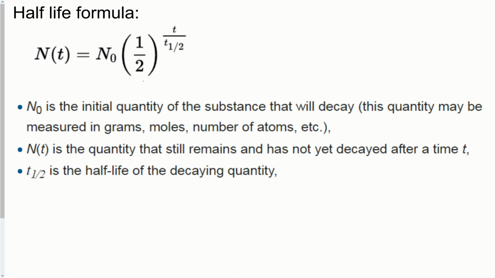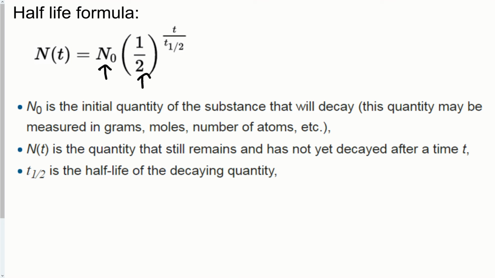Looks confusing, but this is the same thing. N sub 0 is your initial amount. This is your decay rate. If you don't know what half-life means, it's for radioactive materials. It means the amount of time it takes for half of the substance to decay, to go away.